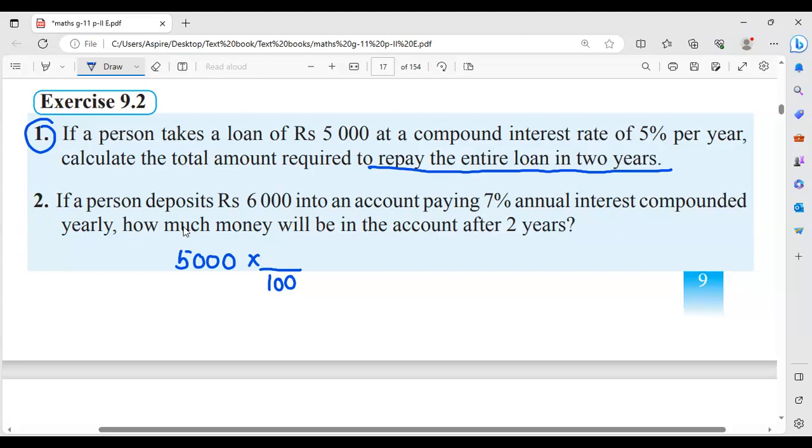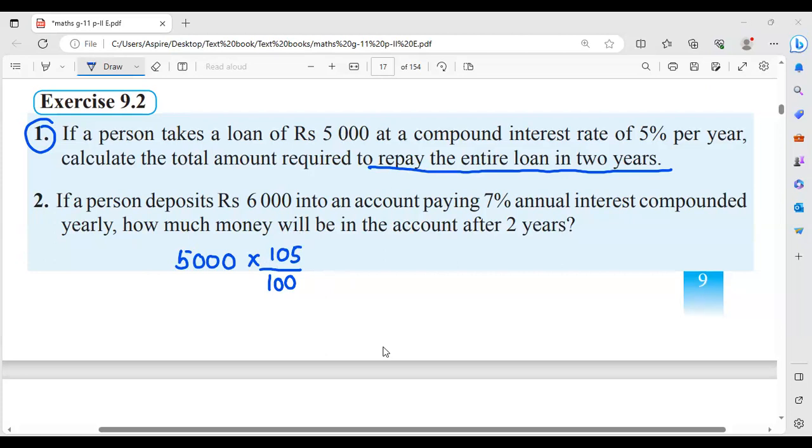First of all, we calculate the loan amount at the end of 1 year. We need to calculate the total amount payable at the end of one year. So what is the total amount calculated for the first year? It is multiplied by 105.